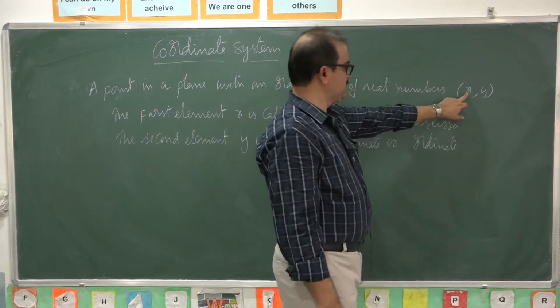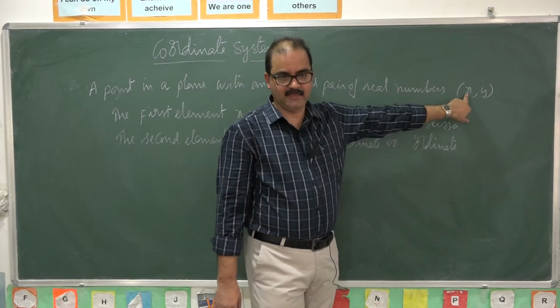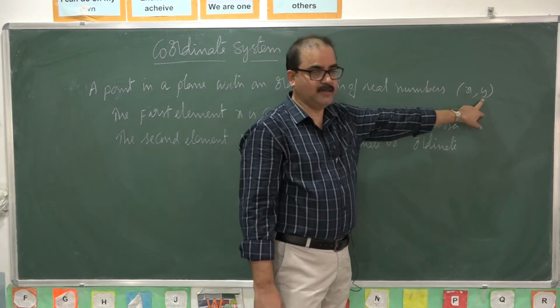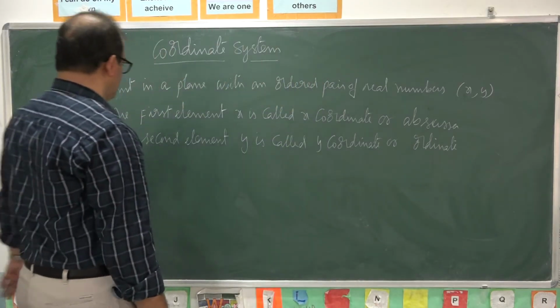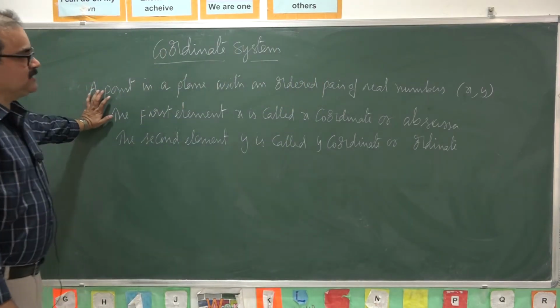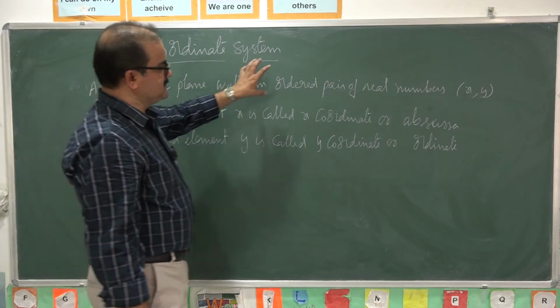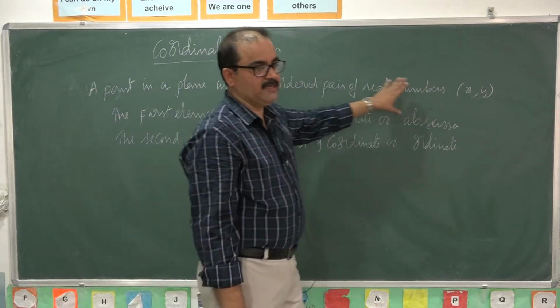This is called x coordinate or abscissa, and this is called y coordinate or ordinate. Now we discuss how to represent this ordered pair x and y in coordinate system.